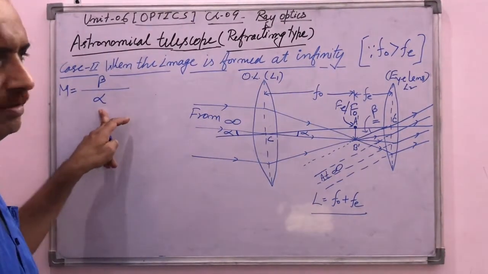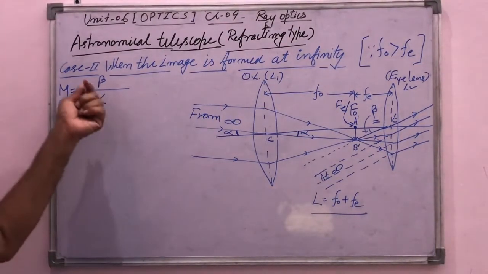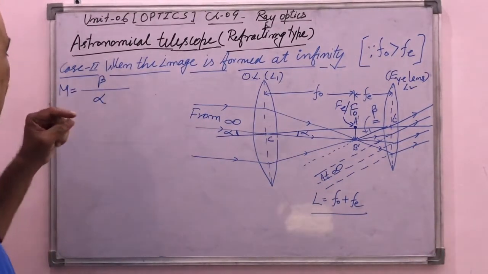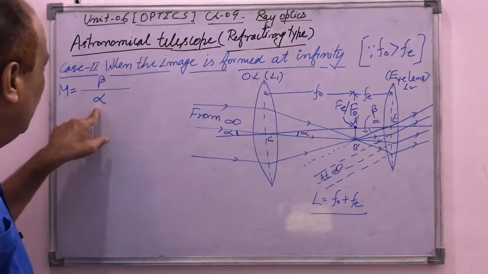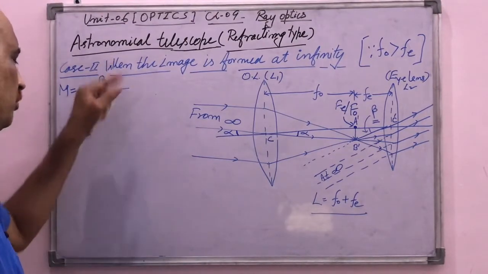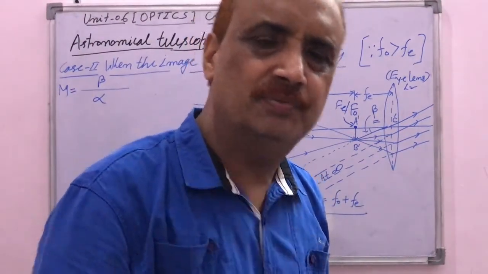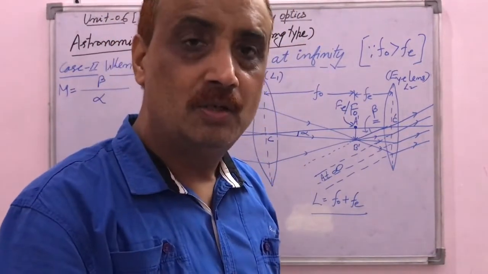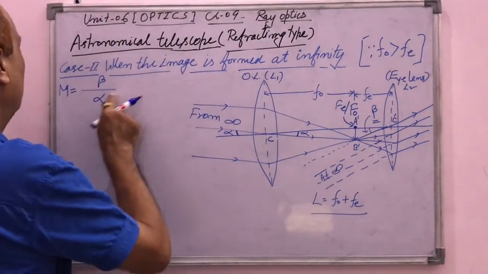So the magnifying power can be defined as the angle subtended by the image at the eye when the image is formed at infinity, to the angle subtended by the object when the object is placed at infinity. Meaning in both cases the image and object are placed at infinity. So it is the ratio of the angle subtended by the image to the angle subtended by the object when both are placed at infinity that is known as the magnifying power of the astronomical telescope.